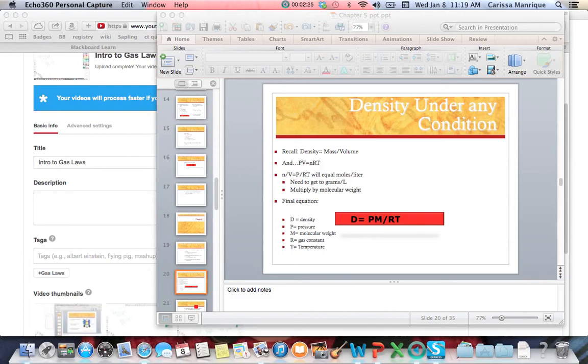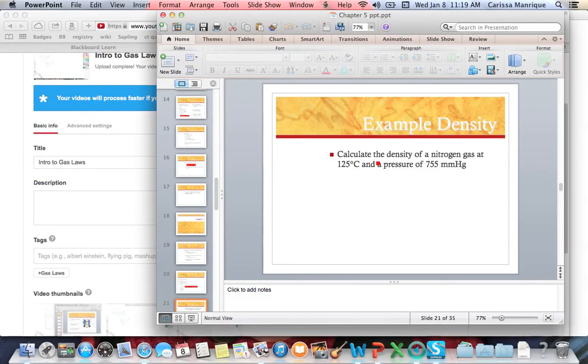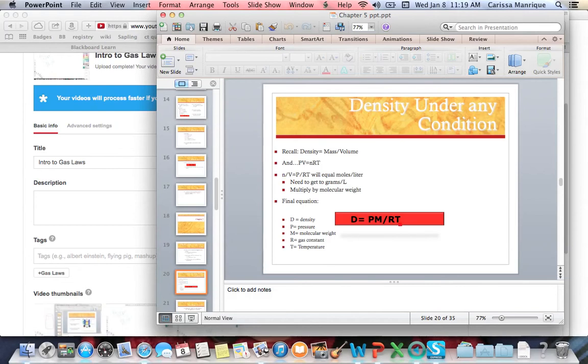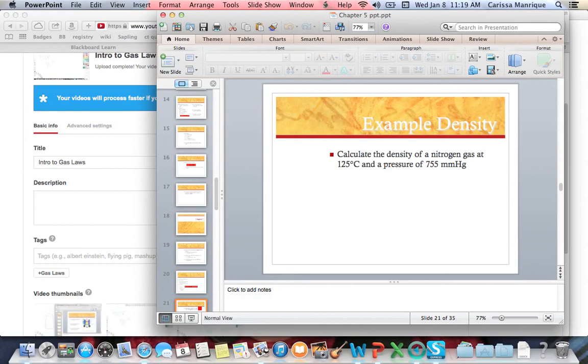So an example here: calculate the density of nitrogen gas at 125 Celsius. That's your temperature, so you convert to Kelvin and put it in there. You choose your R value. Here's your pressure in millimeters of mercury, and you convert that to atmospheres.